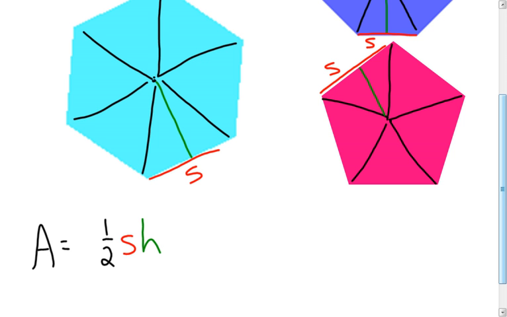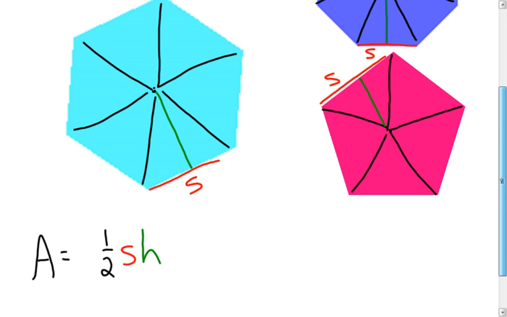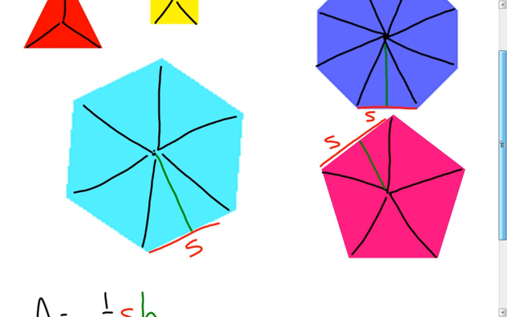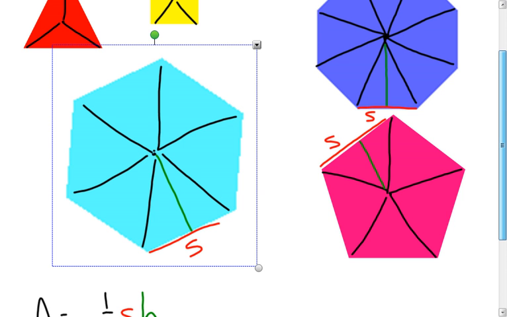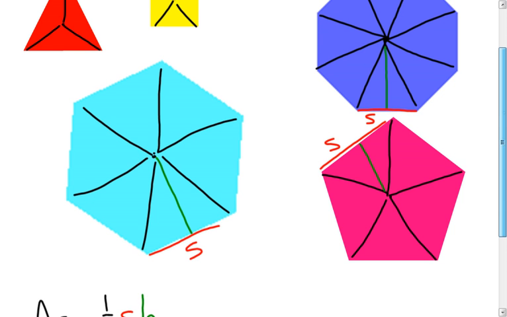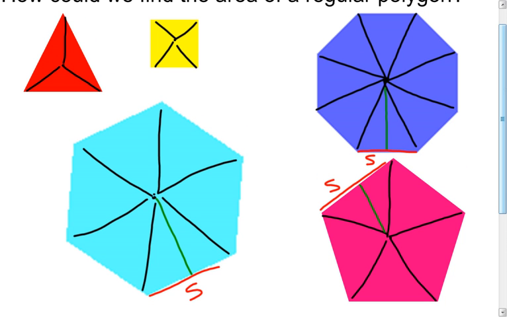Now I'd have to multiply that by however many triangles are in each one of these things. When I look at the hexagon, I notice there are 6 triangles. I look at the octagon, there are 8 triangles. The pentagon, there are 5 triangles. The square, there'd be 4 triangles, and in the triangle, there'd be 3 triangles. So the question is, how do I know how many triangles are inside?